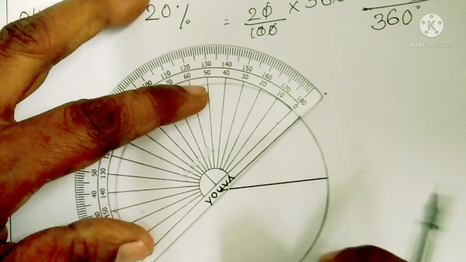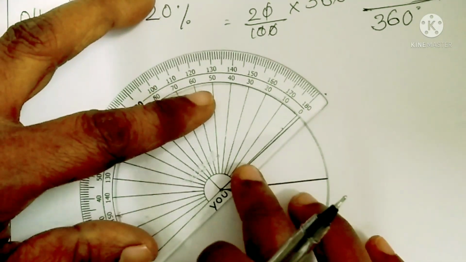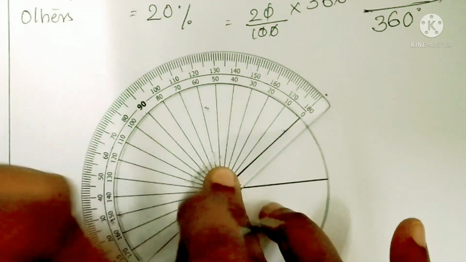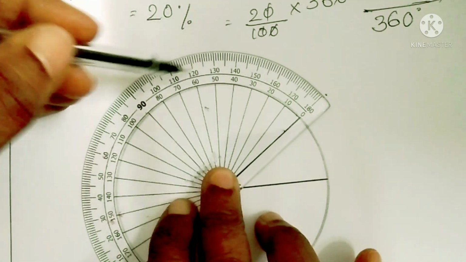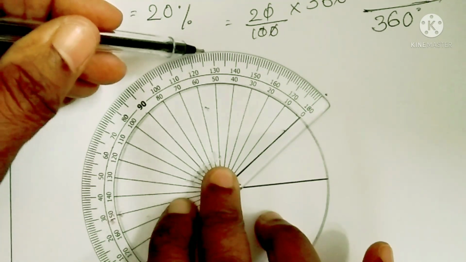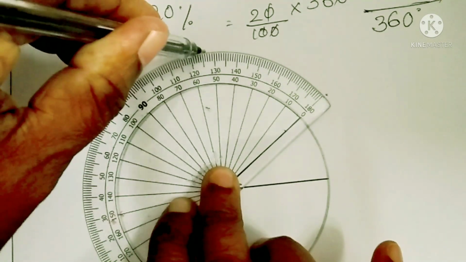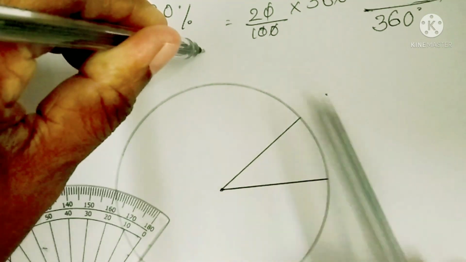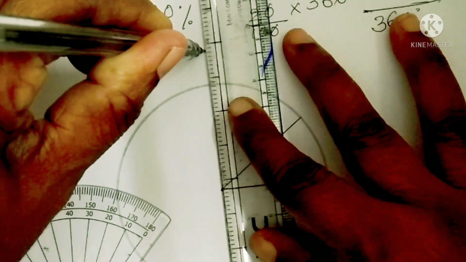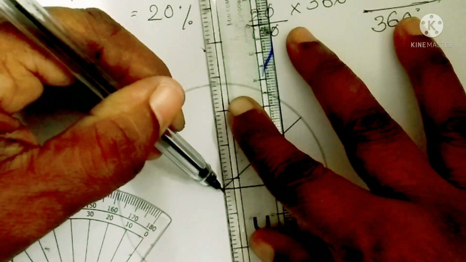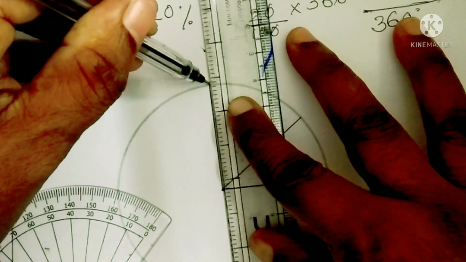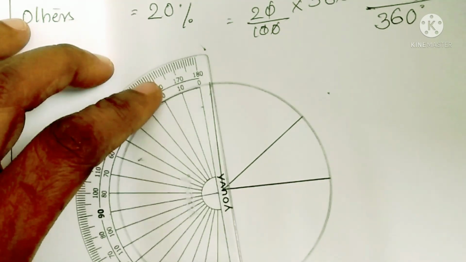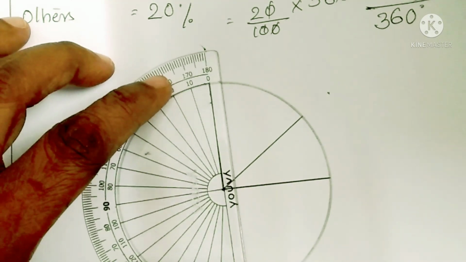After drawing 36 degree, the next one is 54 degree. So, from here this is 50, 54, 1 degree less than 55. After keeping here, join it using the scale, and then from there it is 90 degree.